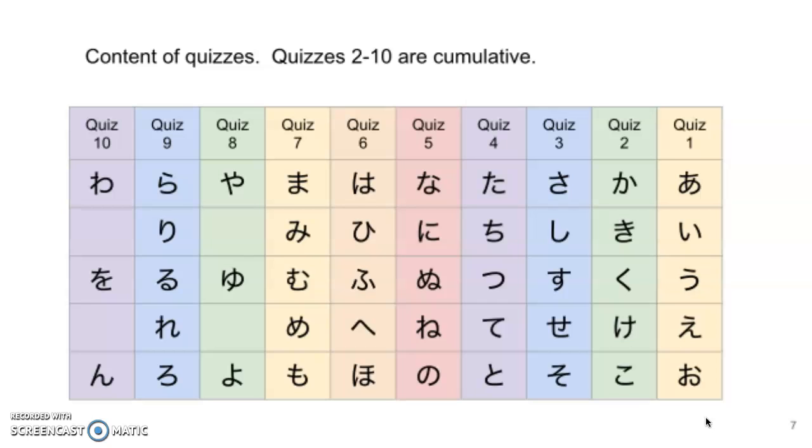Not really an alphabet, it's a syllabary, but this is how the quizzes will be broken down, 5 symbols at a time for a series of 10 quizzes, and each quiz is cumulative, so I would incorporate a little bit of the previous column in order to compel studying and review continually.